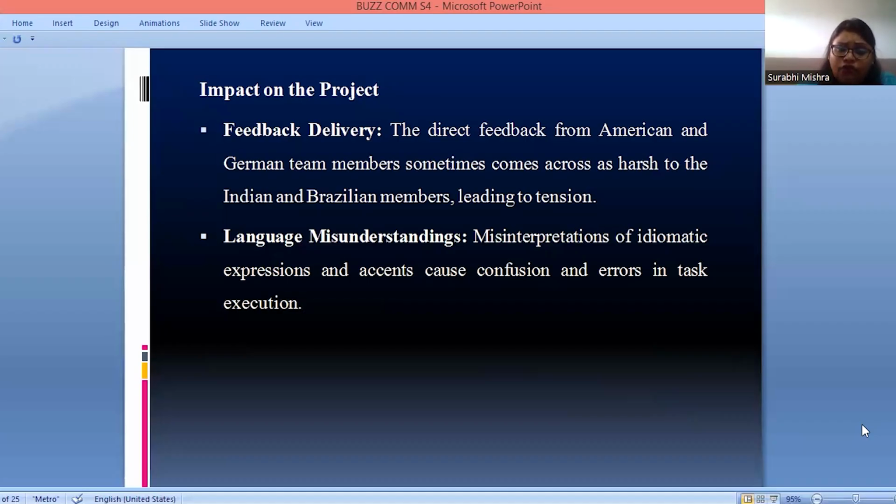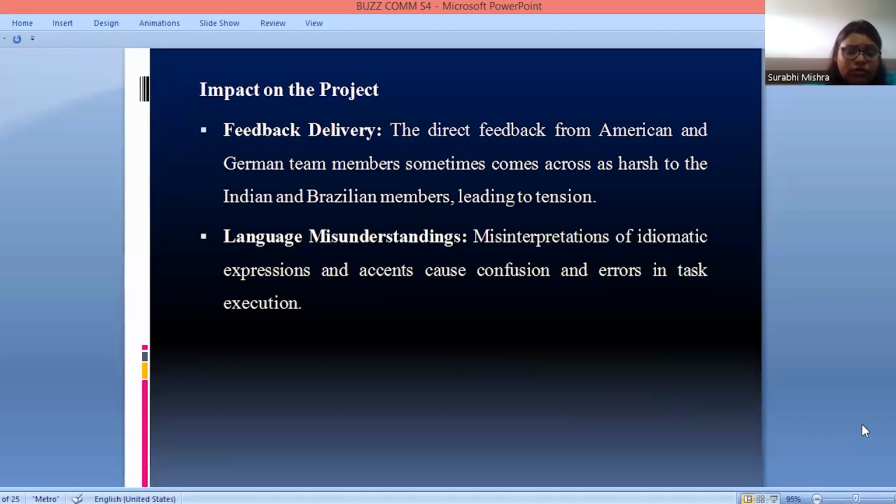That was leading the Indian and Brazilian team members into stress because they were not able to provide feedback just to maintain harmony. As people are from diversified backgrounds, they were respecting that culture. But at the end, it led to tension. Right. Let's see the next impact.